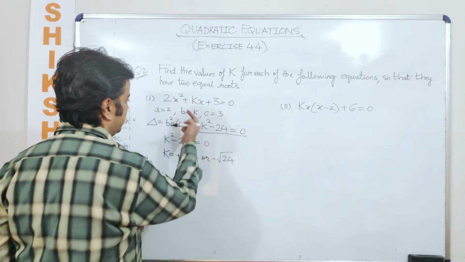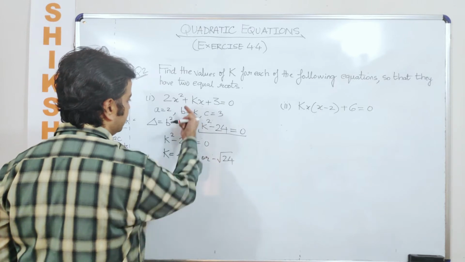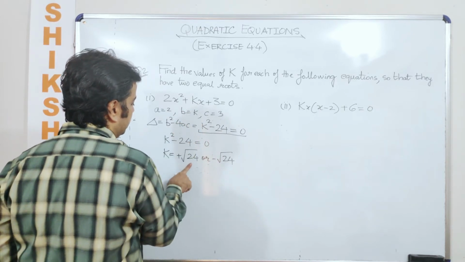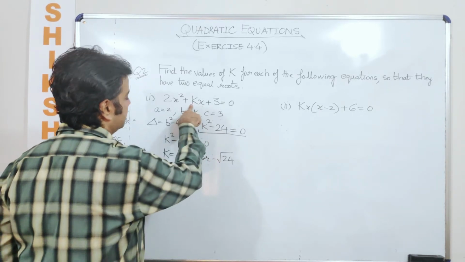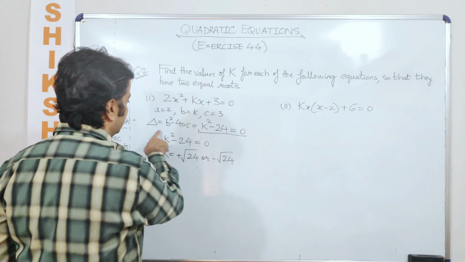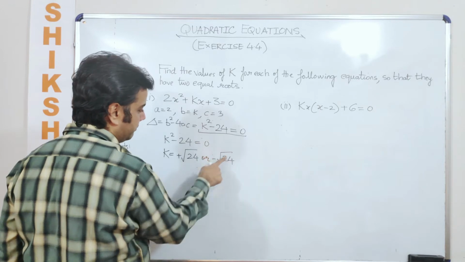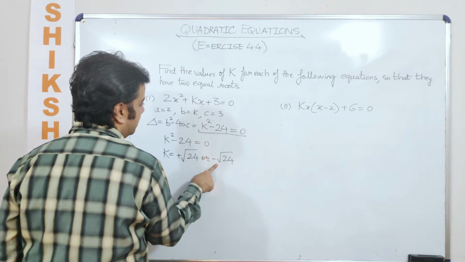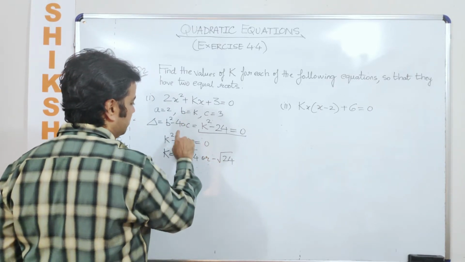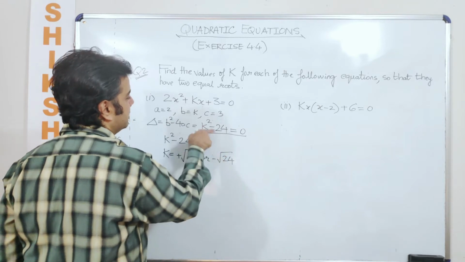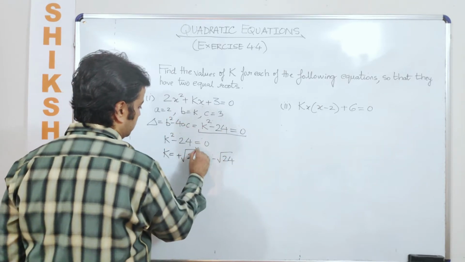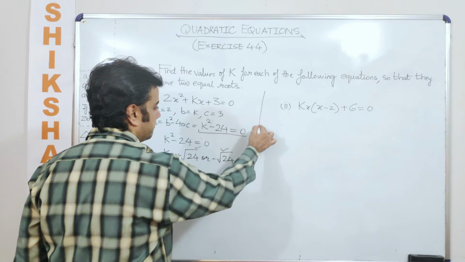We need to substitute and check that we get this in any case. If I substitute the value of k as root 24, b square becomes 24, minus 4ac, which is equal to 0. And if I substitute minus root 24 also, b square becomes 24 only, minus 4 into 3 into 2, which is 24, giving 0. So you are getting two values of k.